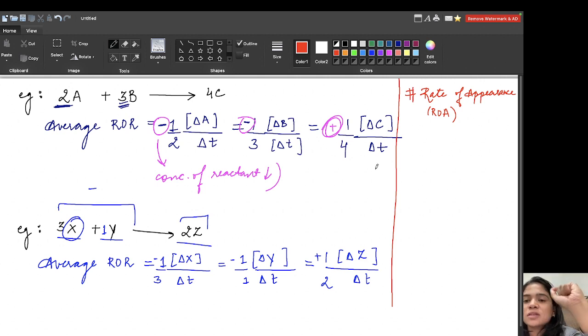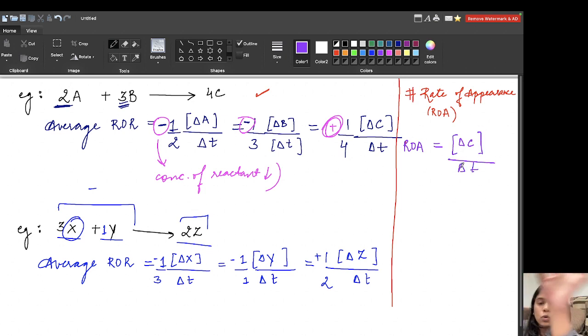So for this reaction, the rate of appearance will be equal to delta C by delta T. But here you are not going to write any sign, just put a mod.